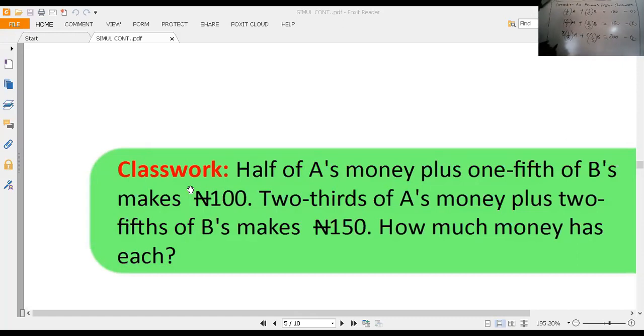Now we'll eliminate b. So to eliminate b, we can put minus there. 150 minus 200 will give you minus 50. 2 over 5 minus 2 over 5, it means you have eliminated b successfully. Then 2 over 3 minus 1, because right now the coefficient of a is 1, will give you minus 1 over 3a.